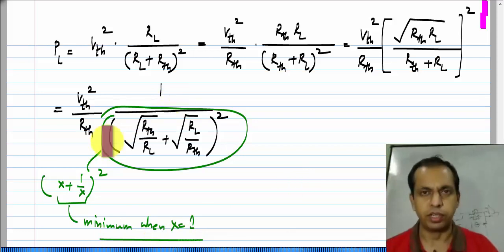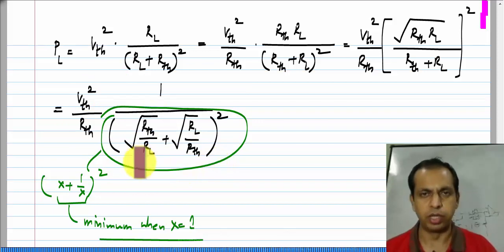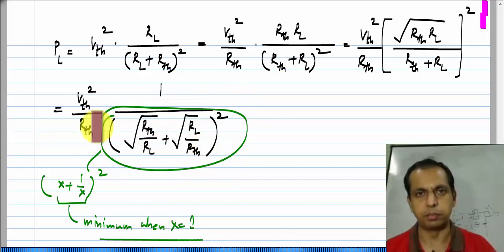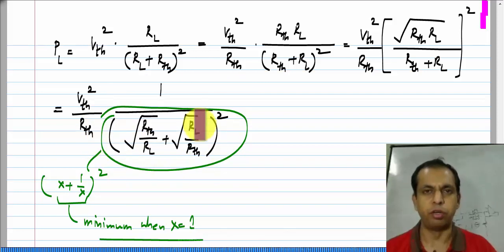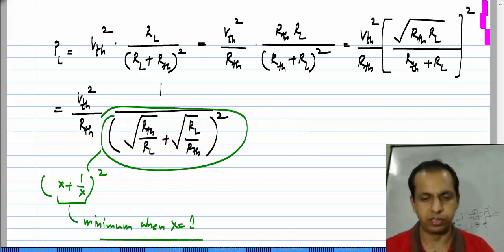Now, the denominator of this expression is of this form, x plus 1 by x squared. To maximize this function, the power in the load, we have to minimize the denominator. Remember, RL is only in the denominator, nowhere else in the expression. So, we have to minimize the denominator, and that will be minimum when x equals 1, that is, each of these terms equals 1. You can think of one of them as x and the other one as 1 by x.